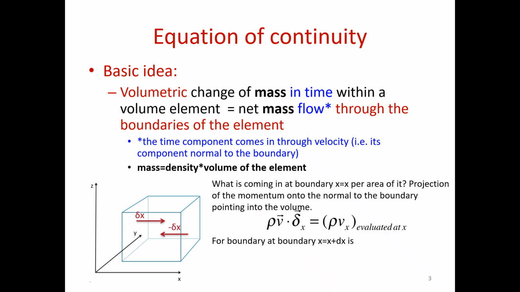Then on x plus delta x, I have to do a dot with minus delta x. So the net change in the x direction is rho vx evaluated at x minus rho vx evaluated at x plus delta x. This minus comes from the fact that if I'm projecting what's coming in on the opposite side, I have to have negative delta x.